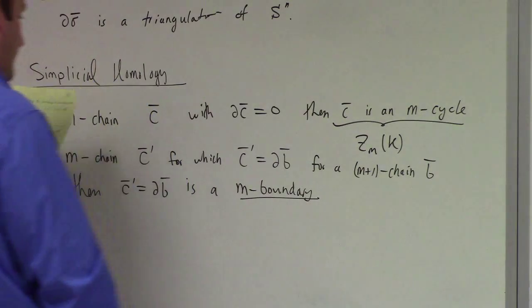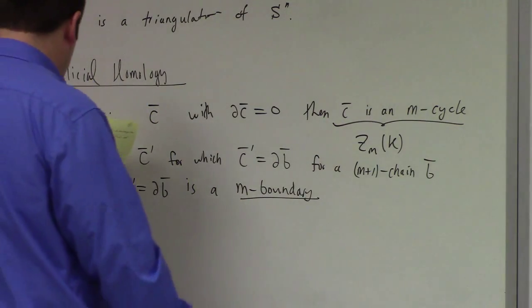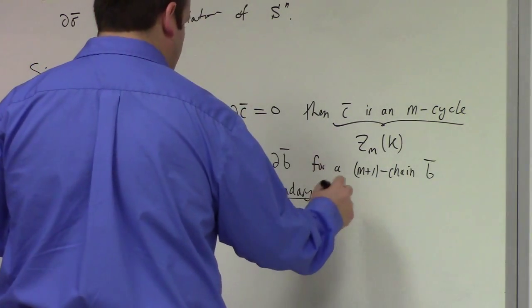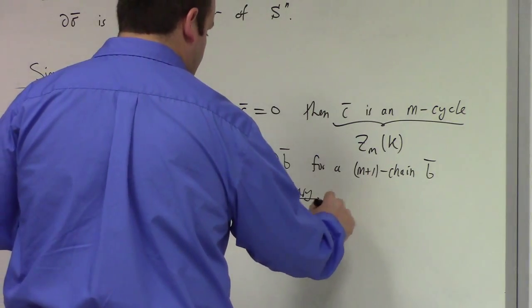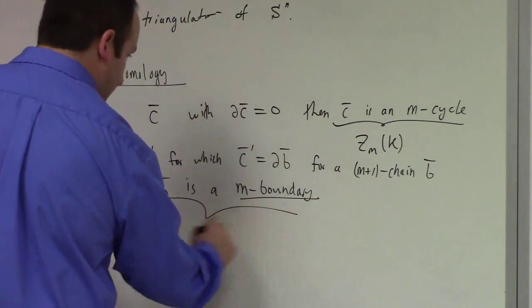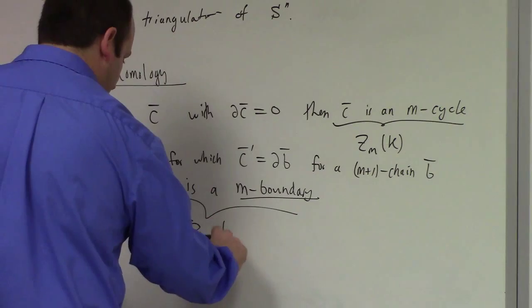So you have cycles and you have boundaries. The set of all such boundary chains we denote B sub M of K.